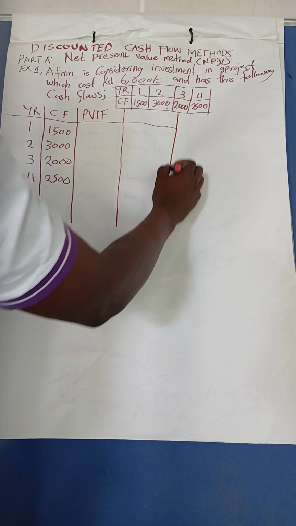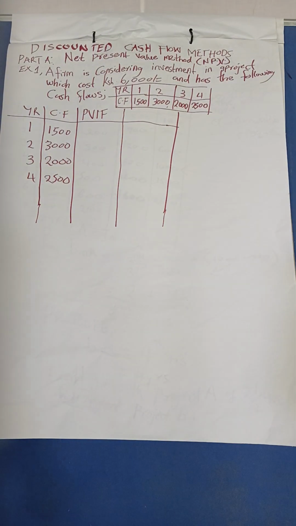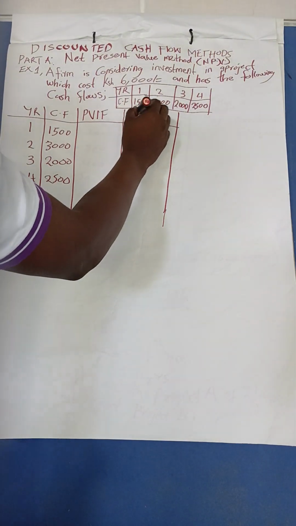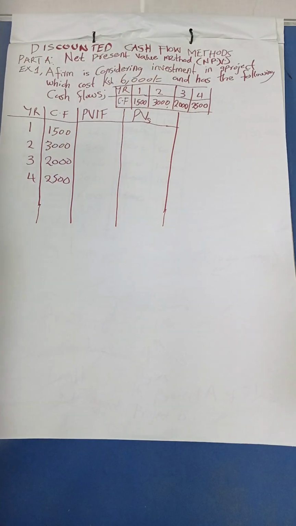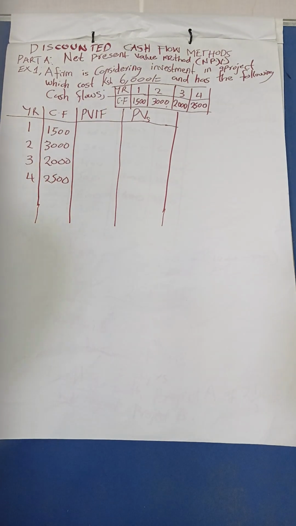Then we'll have another column here called PVS. I'm going to give you the initial PVS. So up to there, I want you to note that that is the table we are going to work with.